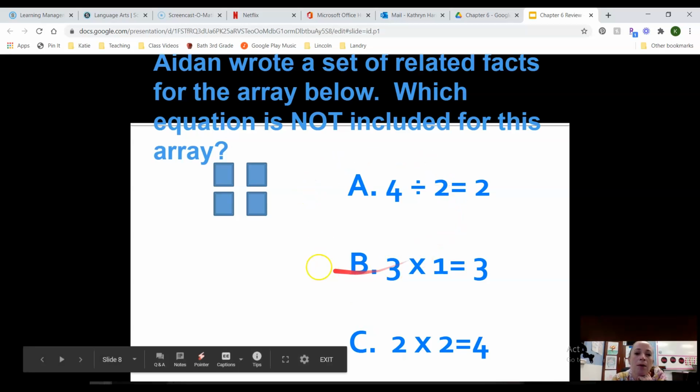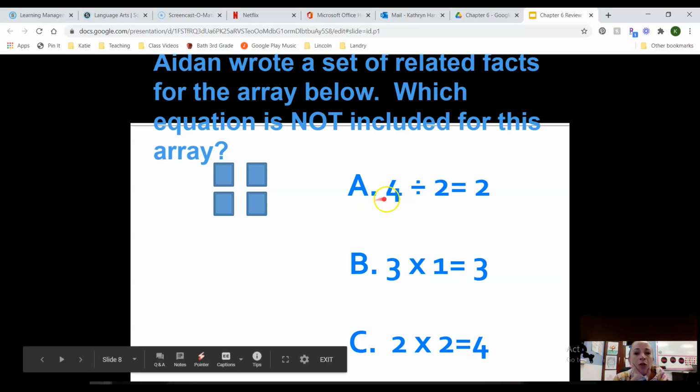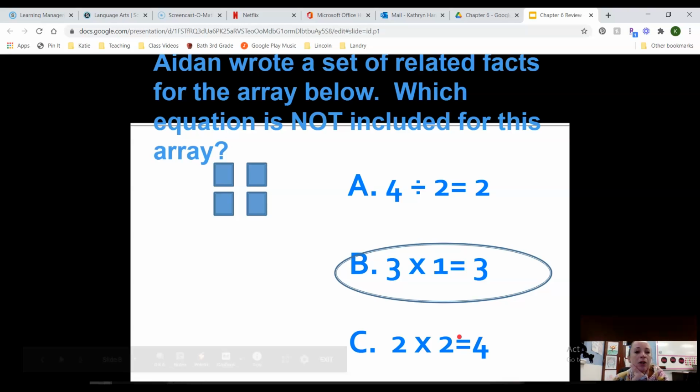Which of these problems also uses 2, 2, and 4? Well, choice A, 4 divided by 2 is 2, uses 4, 2, 2. They are the same. A is not right and C is not right. Your correct answer is B because it is not included for this array.